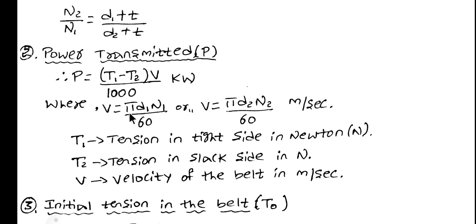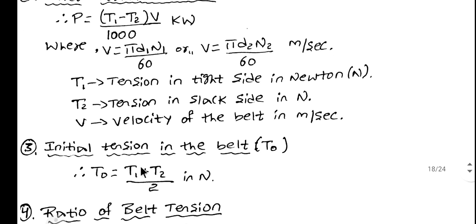Some textbooks write v is equal to pi d1 n1 is equal to pi d2 n2. Here I have divided it by 60. If you take pi d1 n1, the unit will be meters per minute. Here I have divided it by 60, therefore the unit is meters per second. The power unit is in kilowatt, for that reason you need to convert this to meters per second.